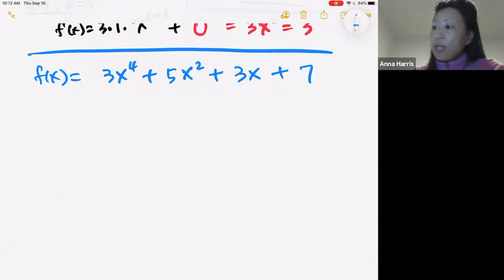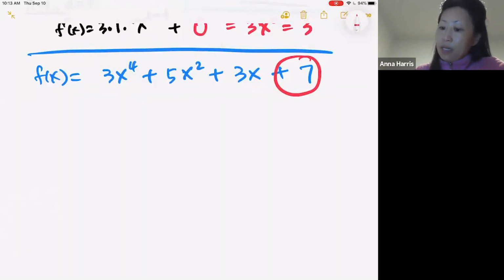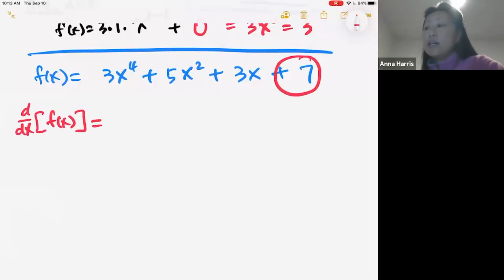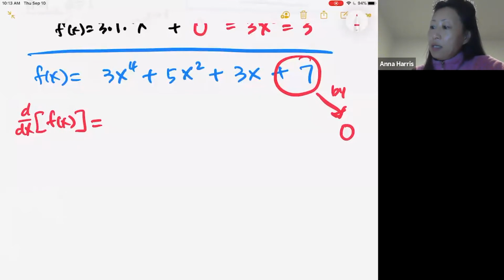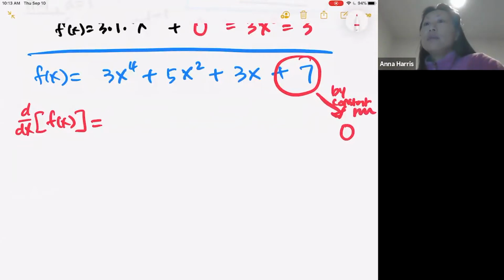So right away, I'm going to do the easy one first. This becomes simply 0. So when I take the derivative of this, that becomes simply 0 by the constant rule. Okay, is everybody with me?